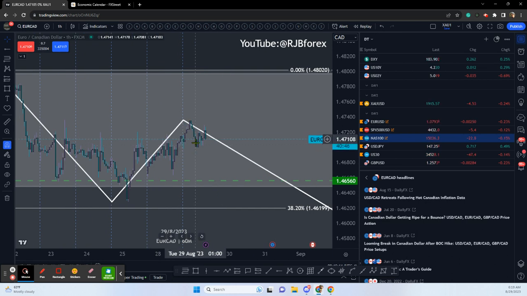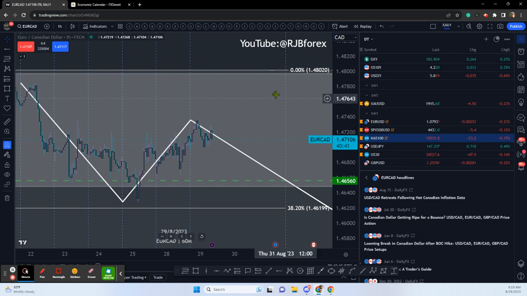Bullish correction, strong bullish impulse, strong. It's moving on. Aussie yen.